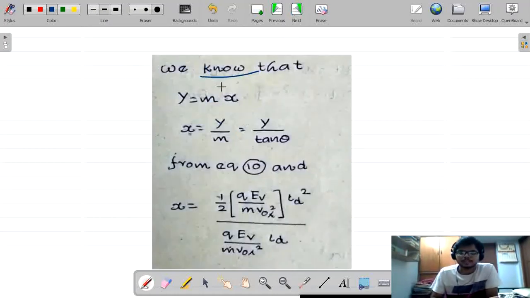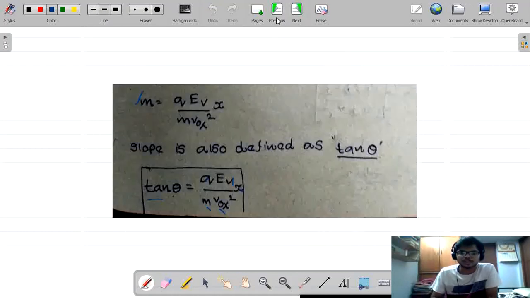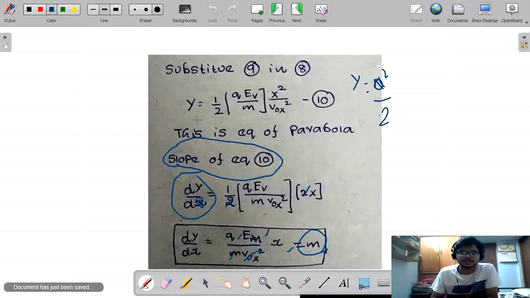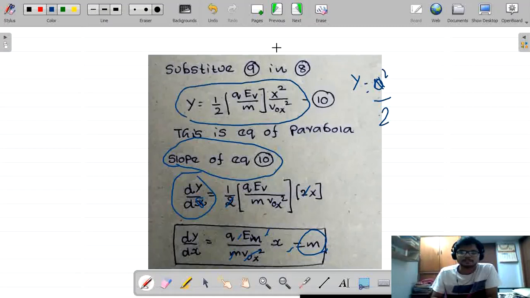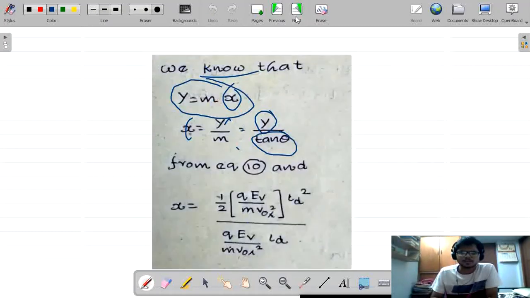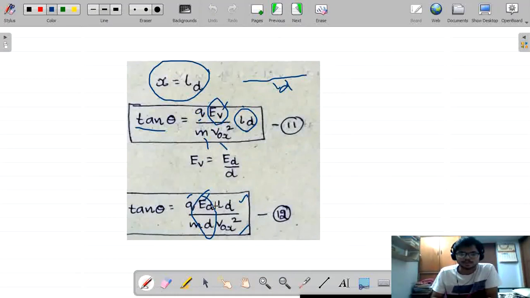Now, in general we know that the equation of the line is y equal to mx. From here, if I need to find the x, we can write x equal to y by m. So we require both the y and tan theta equations. For the y equation, we can clearly see from equation number 10. For the equation of tan theta, we can see from here QED LD by MD Vox whole square.